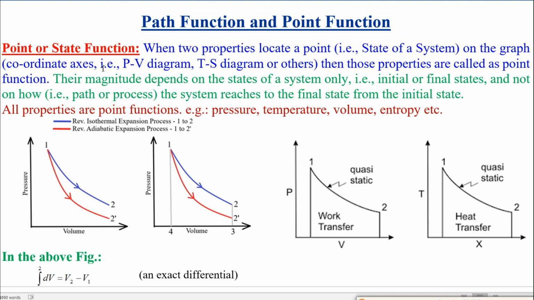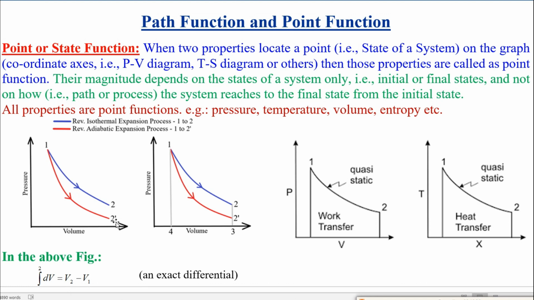So in the point function, the magnitude depends on the states of the system only, that is initial or final states, and not on how the path or process the system reaches the final state from the initial state.